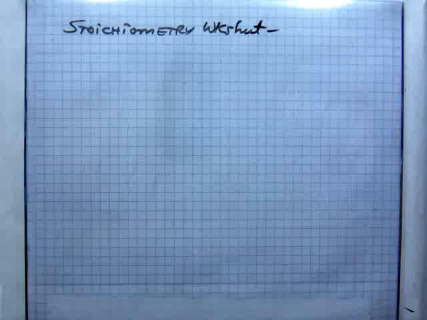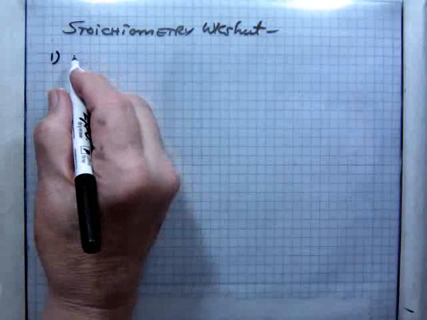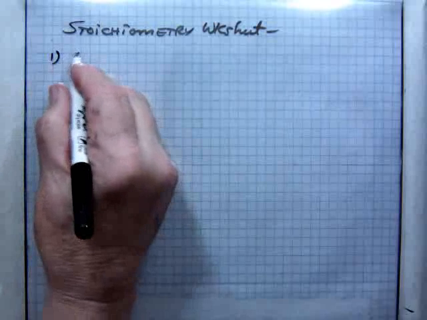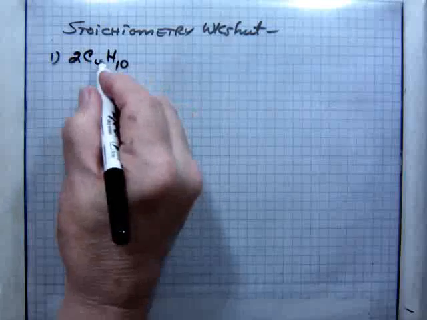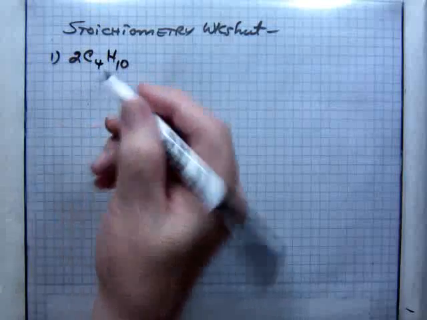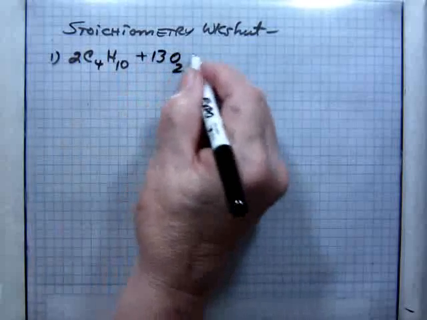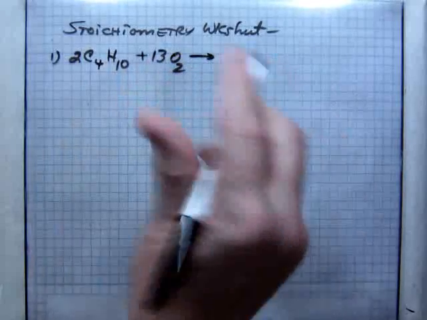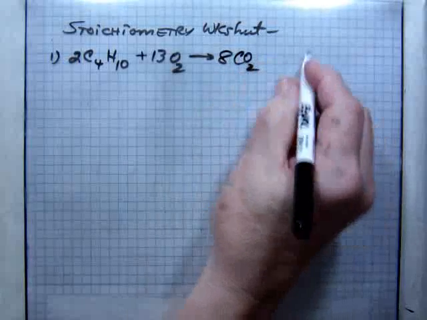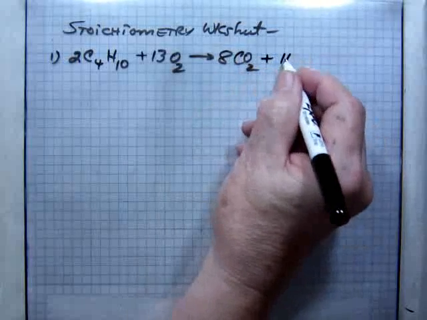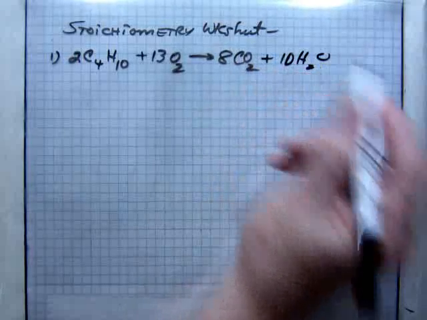Okay, given the following equation, number 1, we got 2C4H10 with 13O2 goes to 8CO2 plus 10H2O.